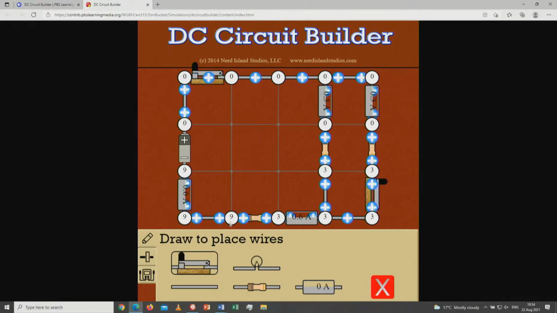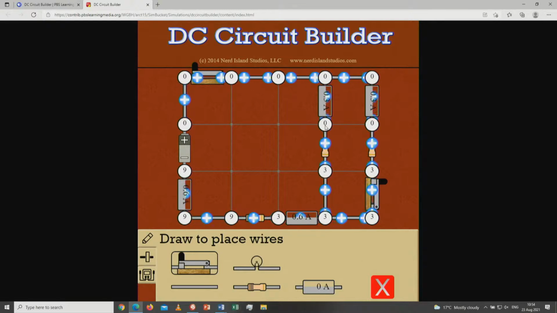If we take the voltage across R1, it will be 9 volts minus 3, which gives us 6 volts. The voltage across R2 and the voltage across R3, because they are connected in parallel, must be the same. It is 3 minus 0, which is 3 volts.